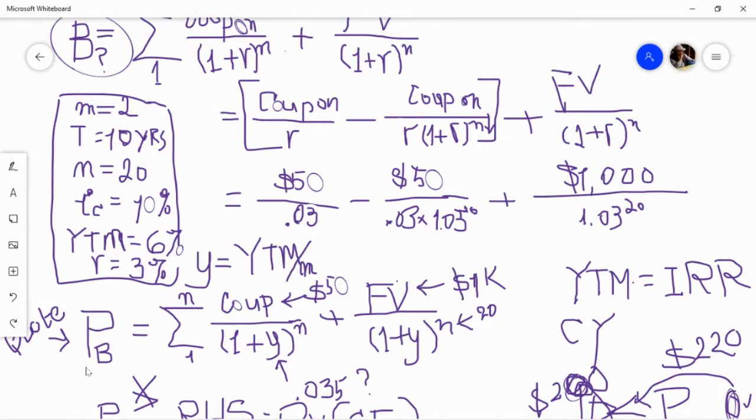Buy orders must be executed by the lot, by even lot. A lot is 100 shares. 100 shares is one lot.